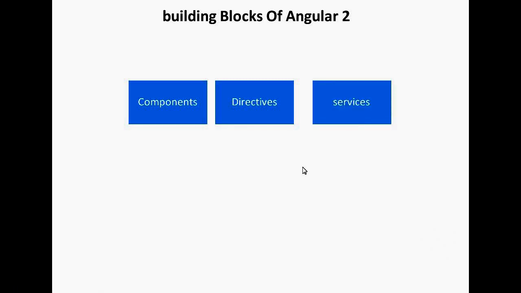Next is service. What is a service? In the generalized concept, a service means providing something to a consumer. Services are totally independent of the DOM or UI elements. They provide resources to a component, directive, or any consumer, like sending requests to get data from a third party or external API, making HTTP calls.